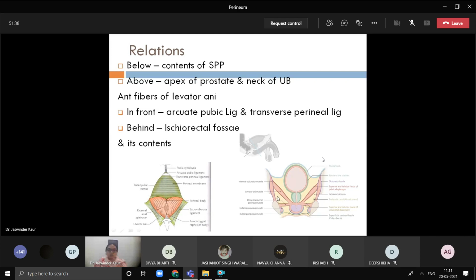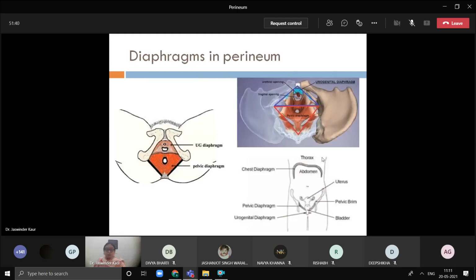Now two diaphragms are there. One is the urogenital diaphragm, which is present in the urogenital triangle. Second is the pelvic diaphragm, which is present in the anal triangle, and it also forms the floor of the pelvic cavity. This one is the urogenital triangle, and here they have shown the urogenital diaphragm.